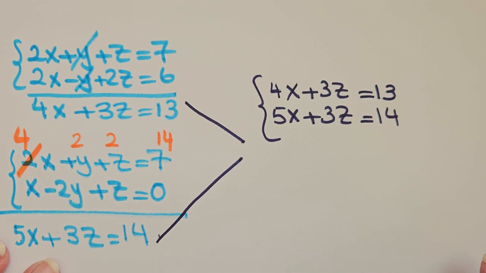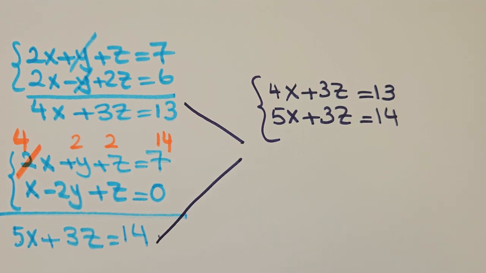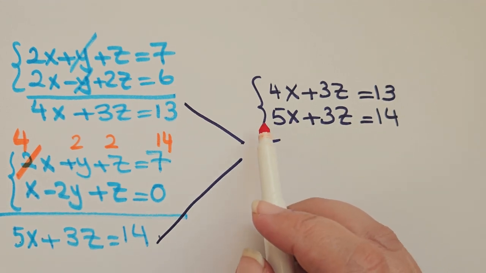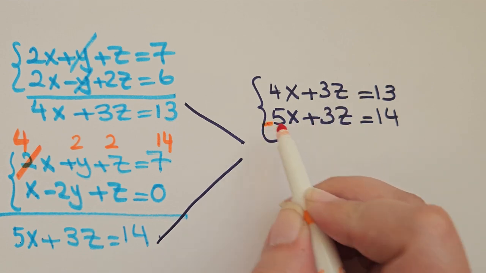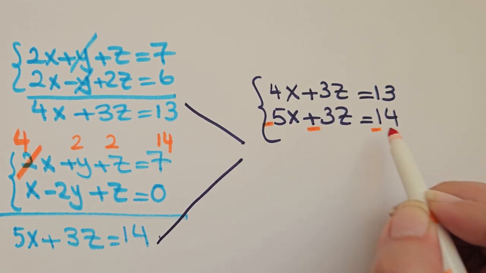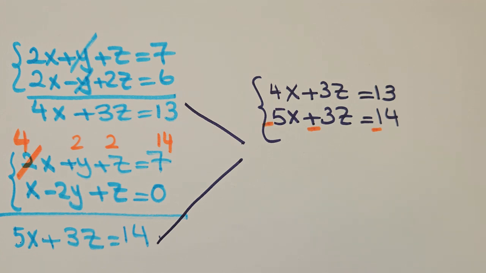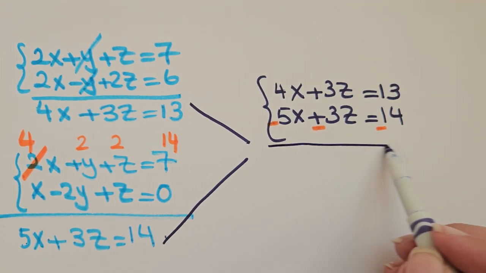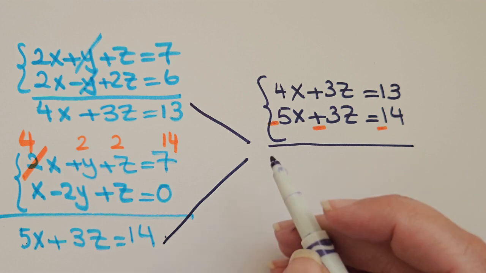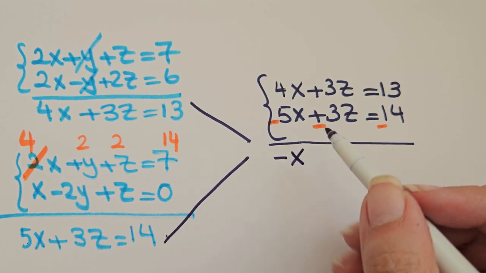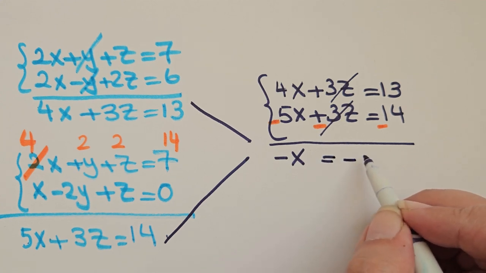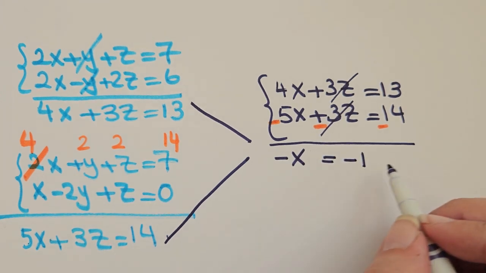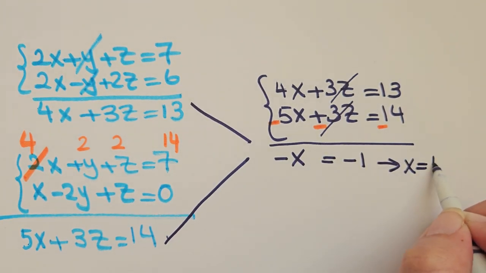The good thing is, if I multiply the lower equation by -1, the 3z will cancel out with -3z. So now let's simply add them together. 4x minus 5x, that would be -x. The 3z cancels out. So here that would be -1. From here, x is 1.